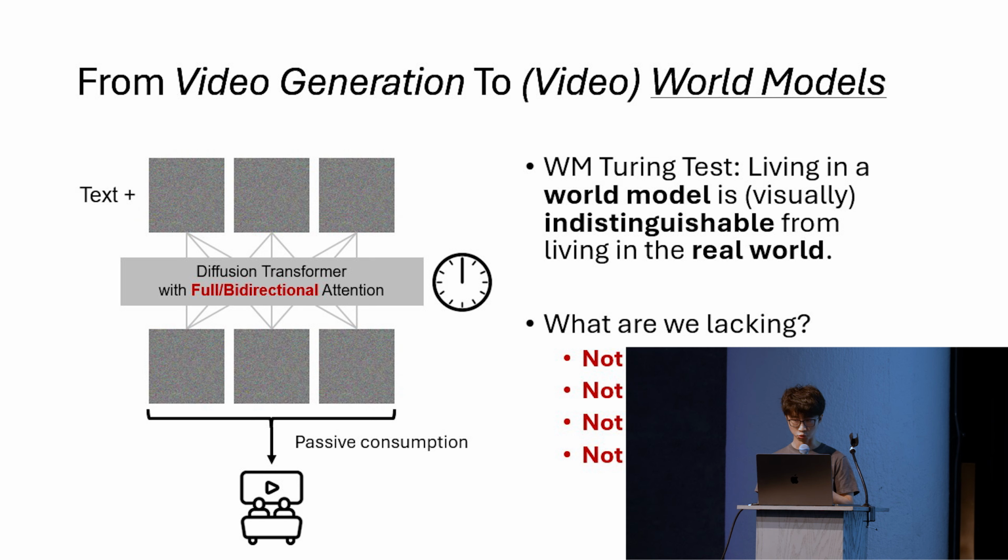So what are we lacking? What do we need to go from the existing video generator to a world model? I would say there are a few important things that we need to improve. First, the video models are not causal. By causal, I mean time is unidirectional. The past affects the future, but the future doesn't affect the past.